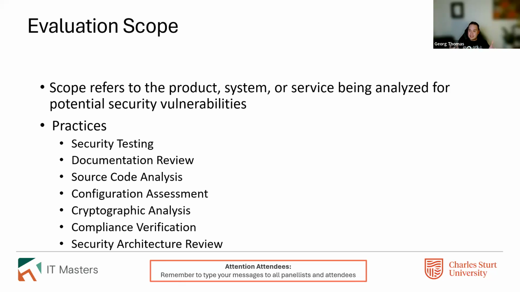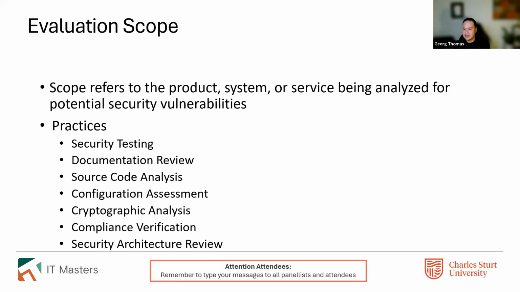Doing a review of any documentation is going to be something that's pretty important, just to make sure that there's sufficient documentation to secure the application. Source code analysis. So this could be difficult, but let's say hypothetically, if you've got access to the source code, looking for potential issues, and I'll talk about some web application attacks in a moment, but looking for potential weaknesses in the code. So is this particular piece of code vulnerable to an injection of some sort? And I'll talk about what that is in a minute.